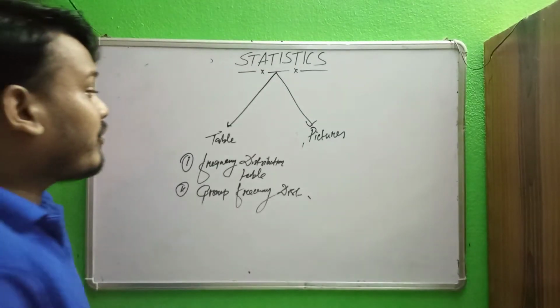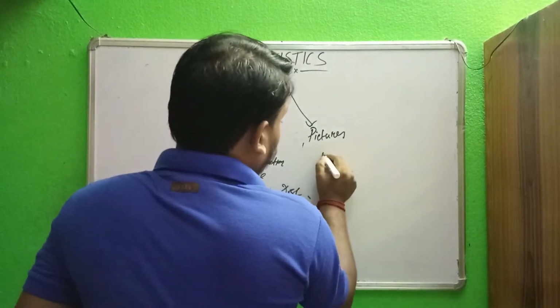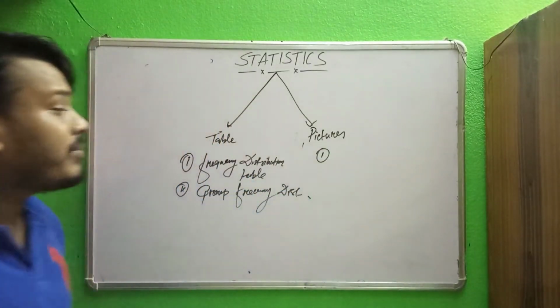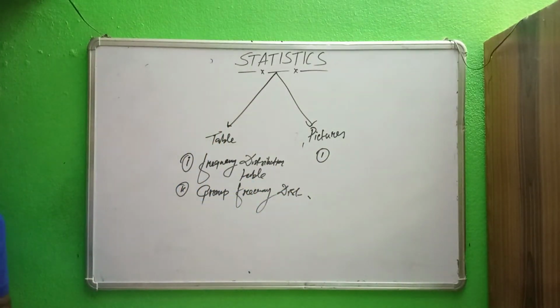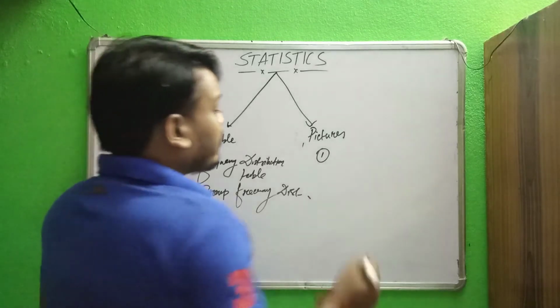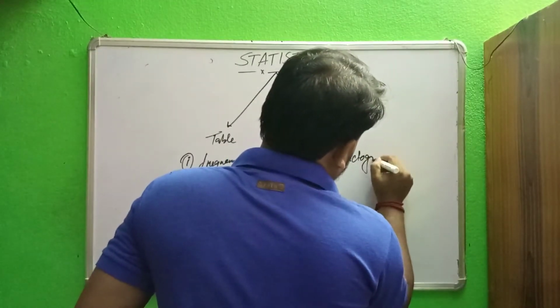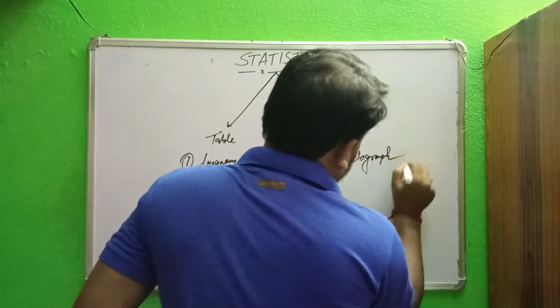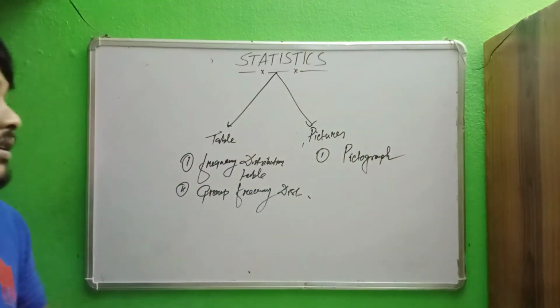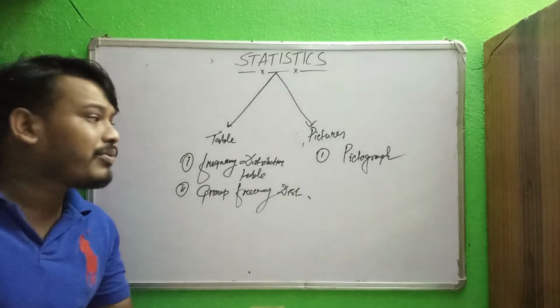Now, if we want to represent the data by picture, which will come? First is the pictograph, which you did in classes 3, 4, 5.